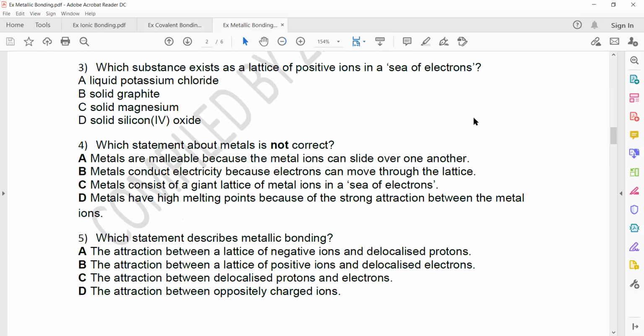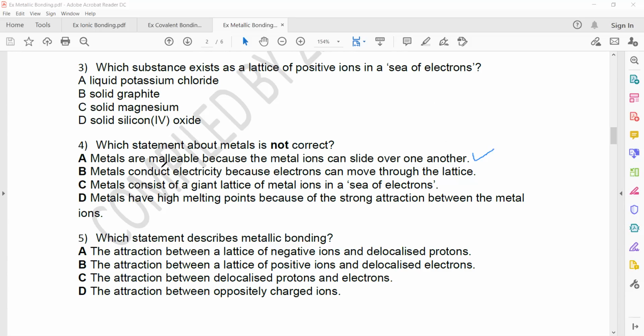Question number 4. Which statement about the metal is not correct? When you check these statements: metals are malleable because metal ions can slide over each other.